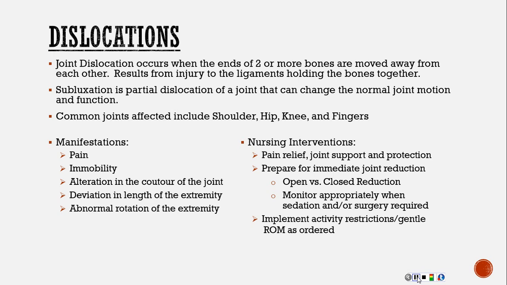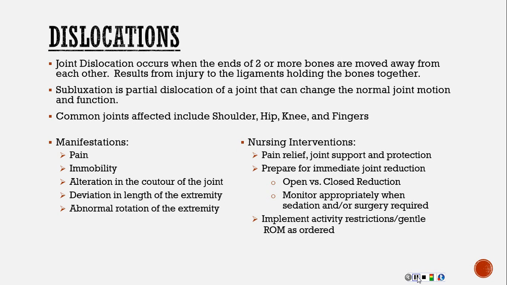Alright, so what's our nursing intervention? Well, first, pain relief, joint support, and protection. We don't want any more damage to occur, unless it's, I guess, dislocation of the neck. I don't know. I mean, you're not going to have to worry as much. Now, obviously, if the patient's in respiratory distress, that's an issue, but you're not quite as worried there if you're talking about a dislocation of a joint.